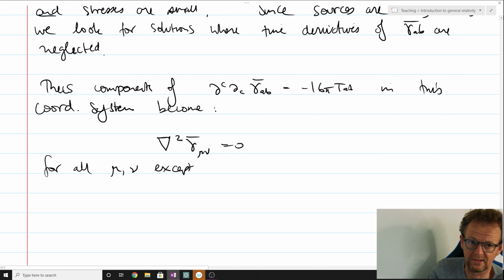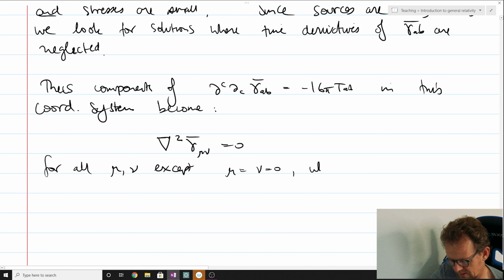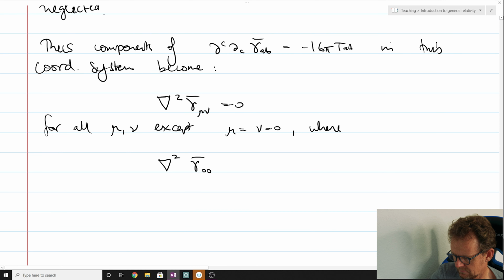A whole bunch of components on the right hand side vanish. The only time the right hand side where the stress energy tensor appears is in the 0, 0 component. And in that case, we get minus 16 pi rho on the right hand side.